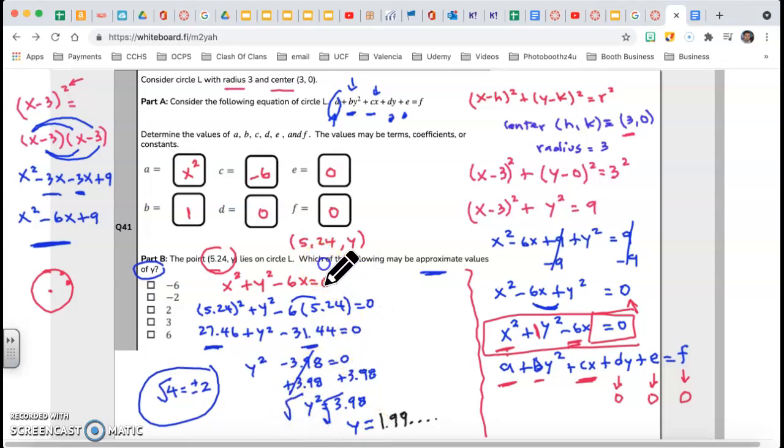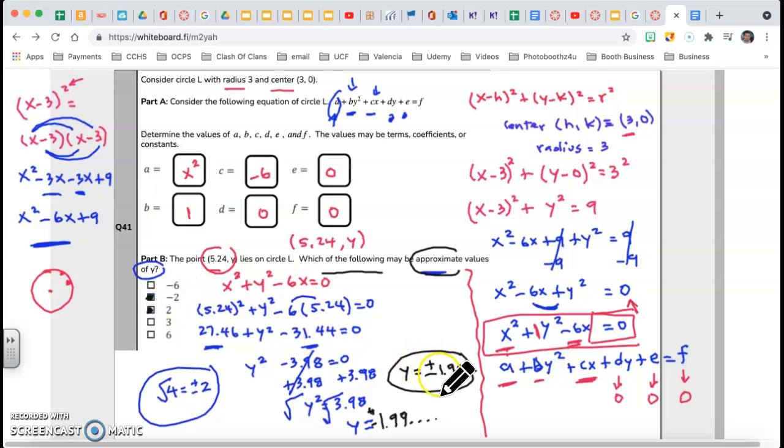So, which of the following may be approximate values of y? Remember, I have a plus and a minus, because I'm doing square root on both sides. When I do this, I get y equals plus or minus 1.99 and a bunch of decimals. Approximate. That means they want me to round this. Round it to 2 and negative 2.